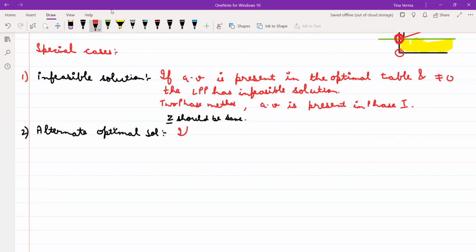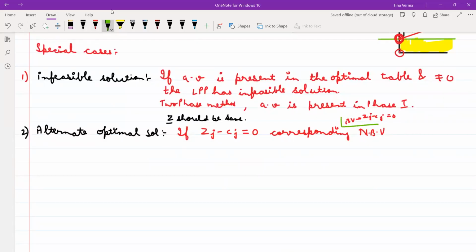You can check if Zj minus Cj is equal to 0 corresponding to a non-basic variable. We know for the basic variable, my Zj minus Cj is always equal to 0.